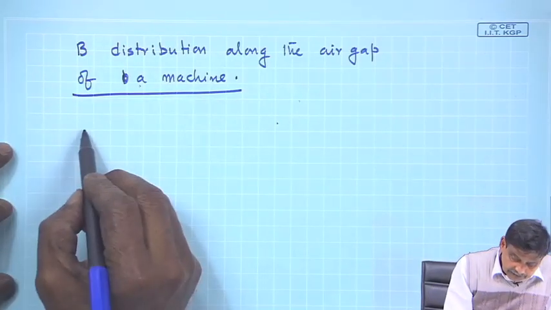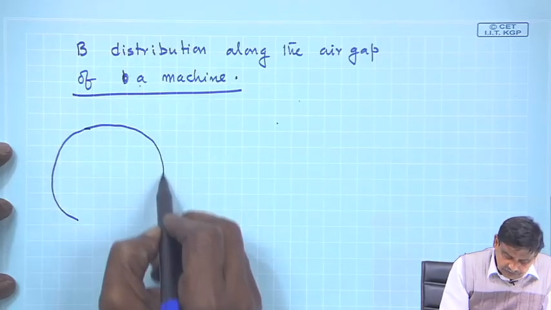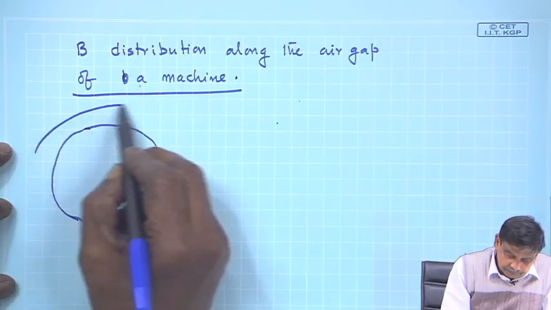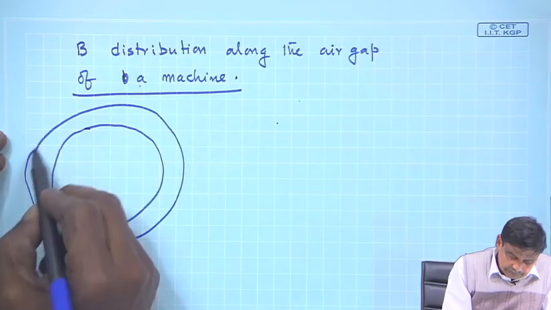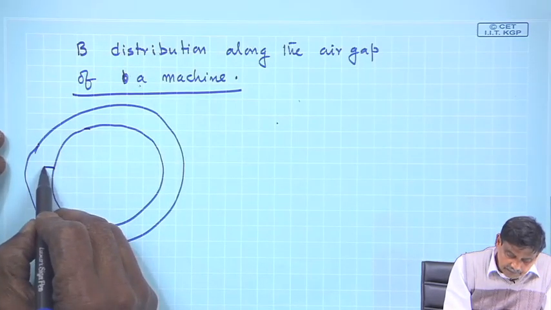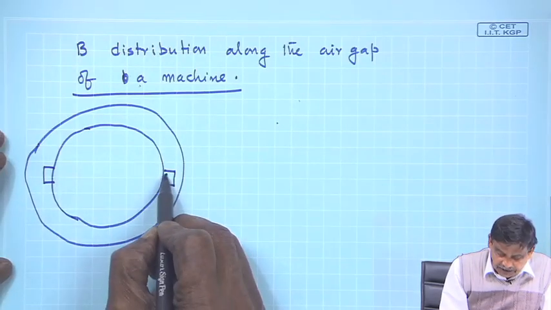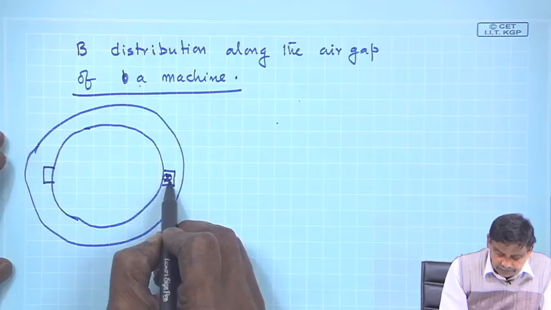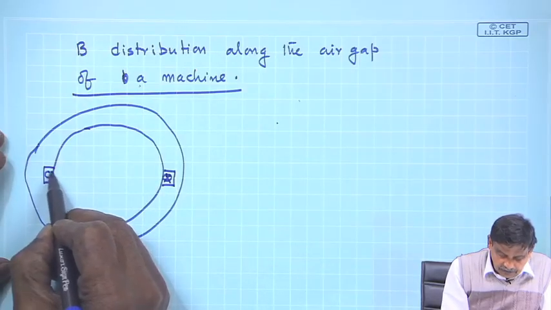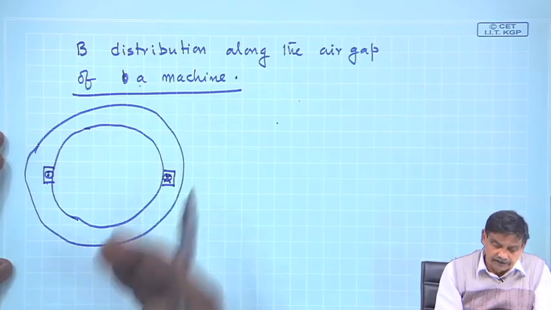The problem is like this: suppose this is your stator and here is a coil in this pair of slots, a 2 pole configuration. You can immediately understand whether I have drawn for 2 poles or for a single pole. This is cross current, this is dot current I am passing.